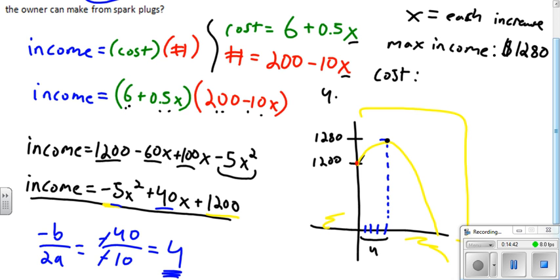So 4 times 50 cents is a $2 increase. $2 plus our original $6 price means that each one cost $8. So when he charges $8 per each spark plug, that's when he gets his maximum value. So that is a real life instance of using our quadratic functions to maximize profit.